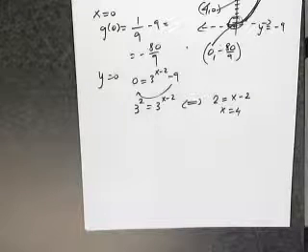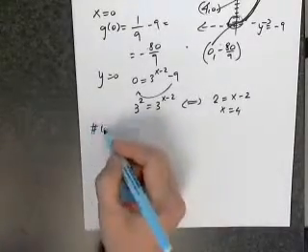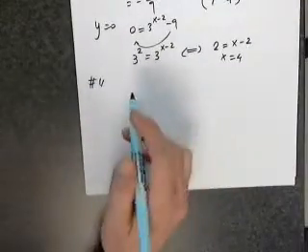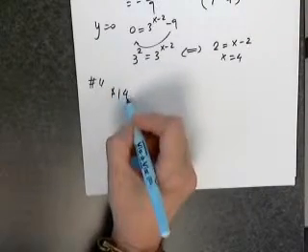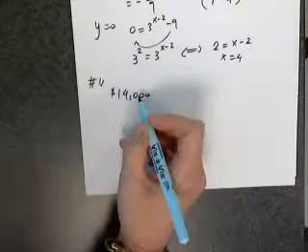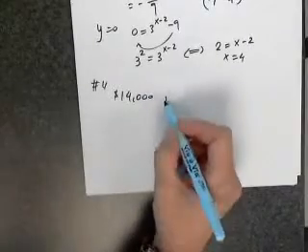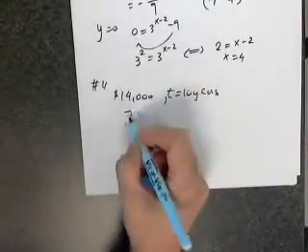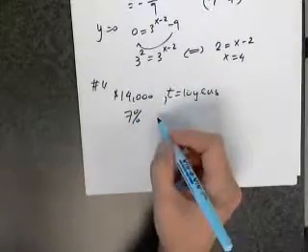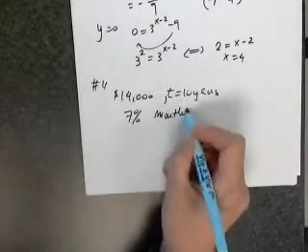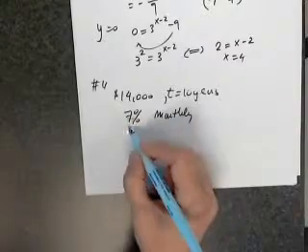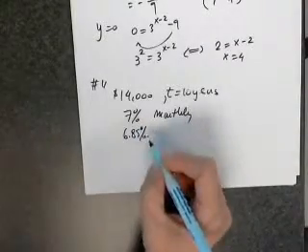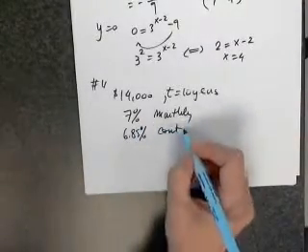Problem 11. In problem 11, suppose that you have $14,000 and you invested over 10 years, at 7% compounded monthly, or 6.85% compounded continuously.